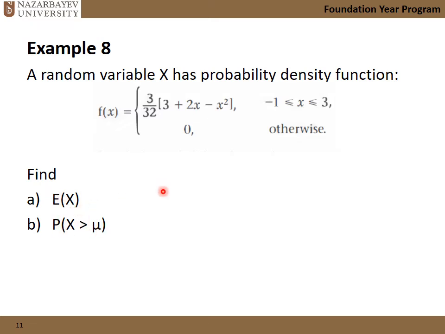How to find the mu? Two different ways. Either following the same procedures we did with the previous example, integrate from -1 to +3, multiply x by this function, integrate term by term, and substitute, then you get what you need. That's one way. The other way, you could see that this is not that hard a function to sketch.